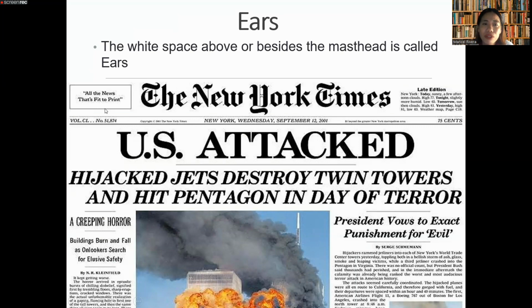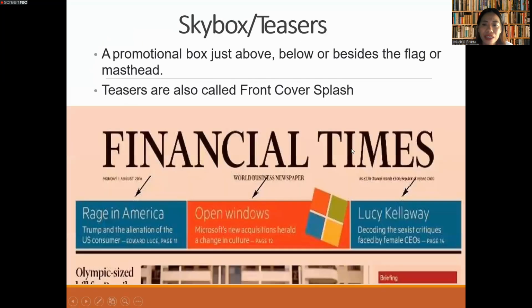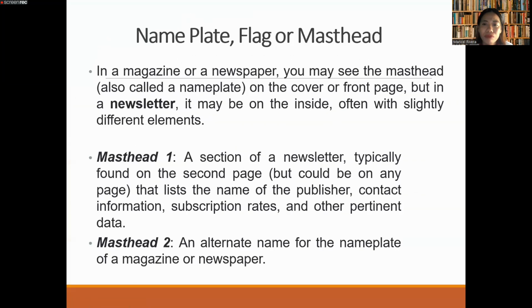These two: all the news that's fit to print. What I'm saying is we just have to be very keen about whether your newspaper or newsletter has ears. Now we do know this is the headline, right? That's the headline.